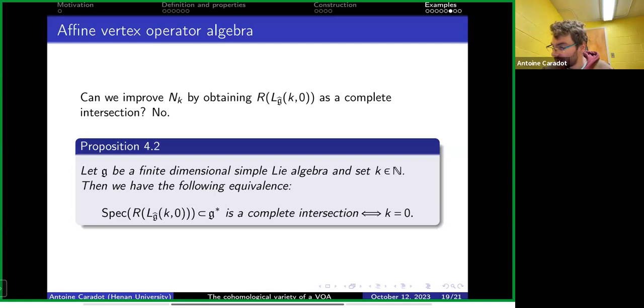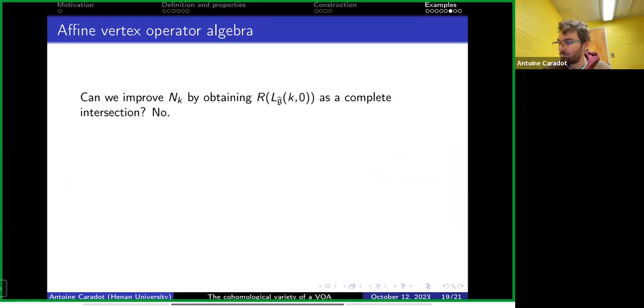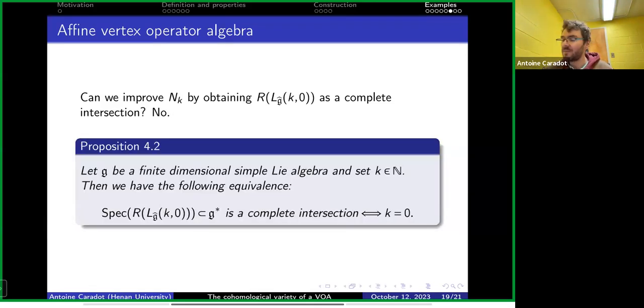So if you stay in the context of K being a positive integer, at least 0, then this spectrum is going to be in G star, and this inclusion is going to be a complete intersection if and only if K is 0, so the kind of degenerate case.